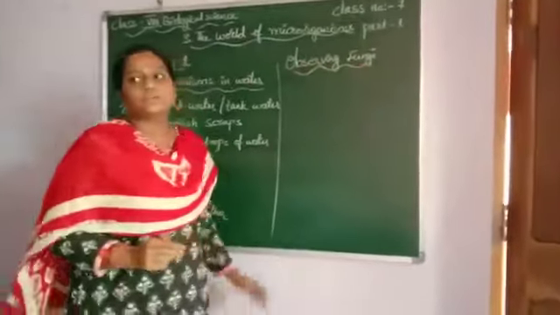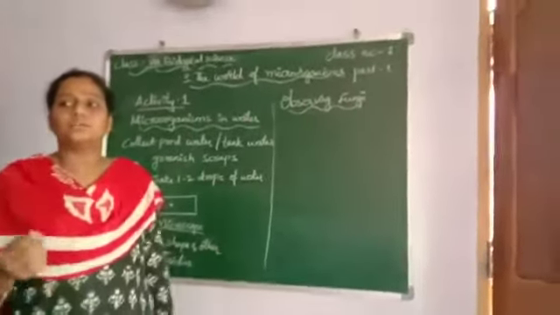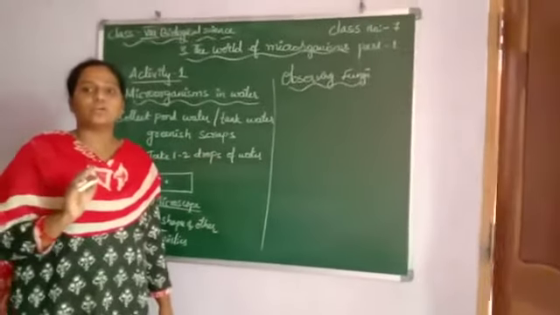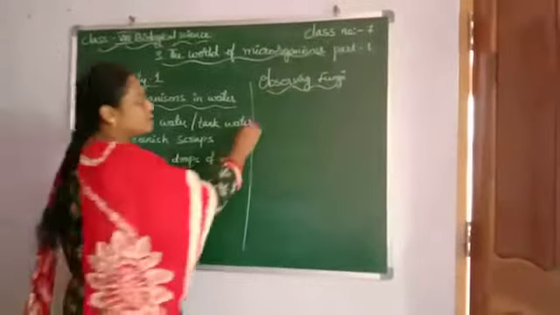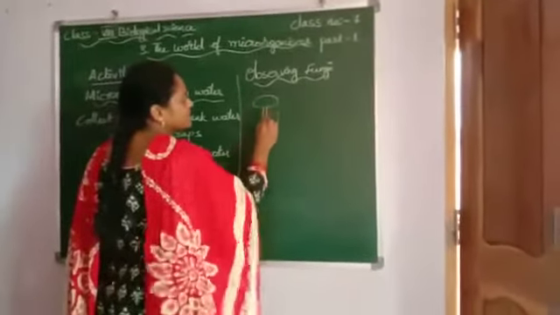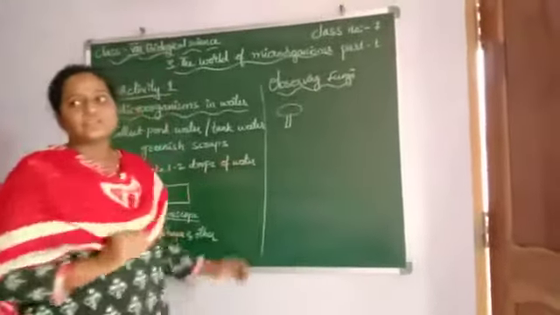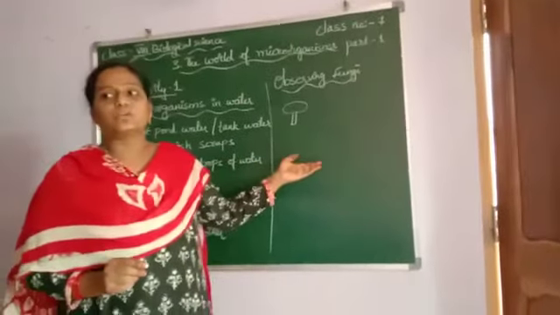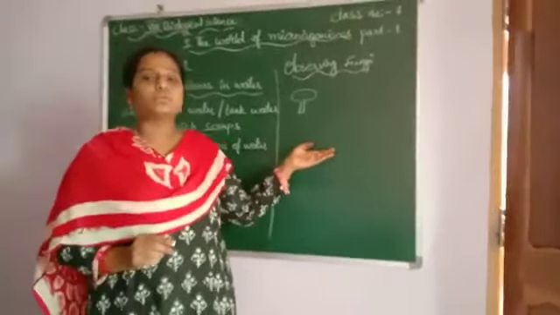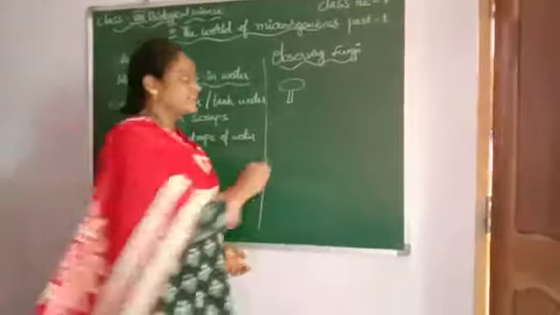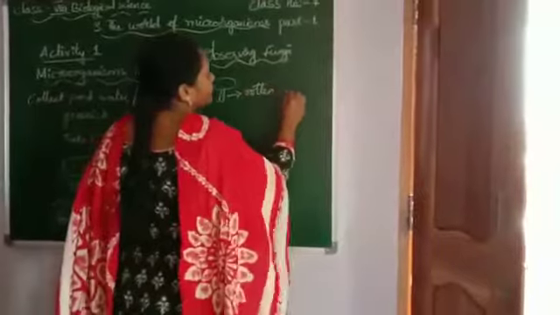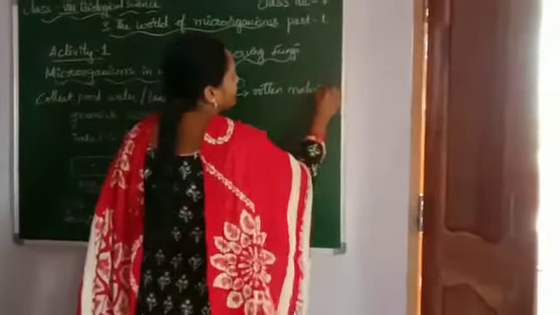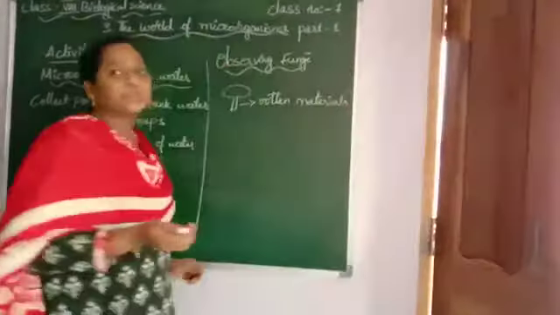Observing fungi. Usually after the rainy season, you may have seen umbrella-like growths like this in the rainy season. These umbrella-like growths are found on rotten materials. Rotten materials means food materials that have decomposed.